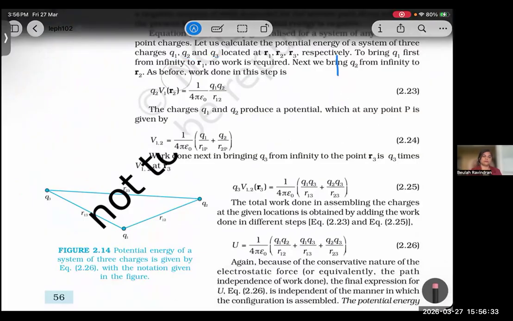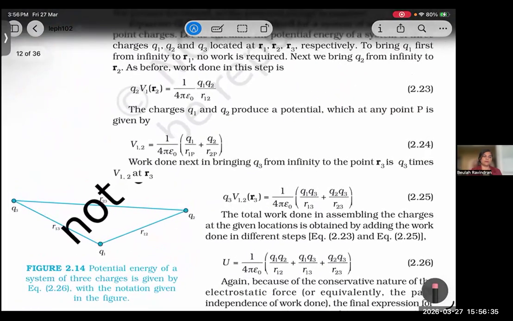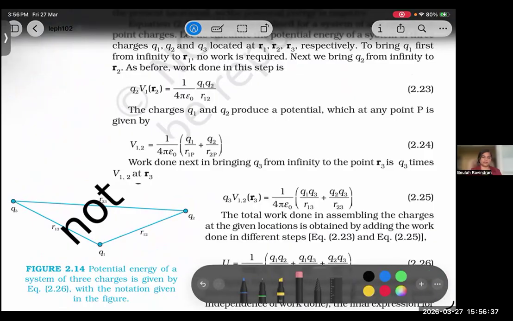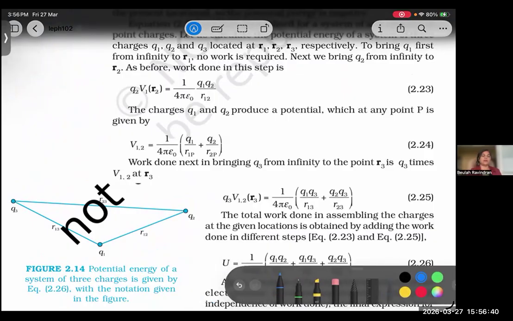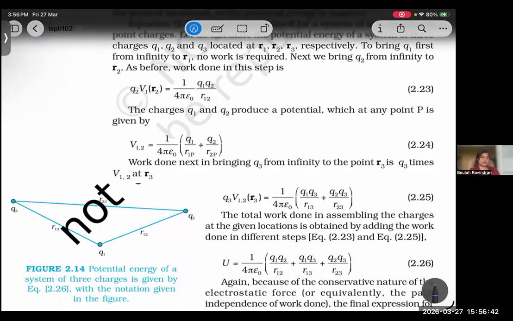To bring Q1 first from infinity to R1. You are bringing Q1. We don't know where Q1 is. So you are bringing Q1 from infinity to R1 position. We don't know where R1 is.